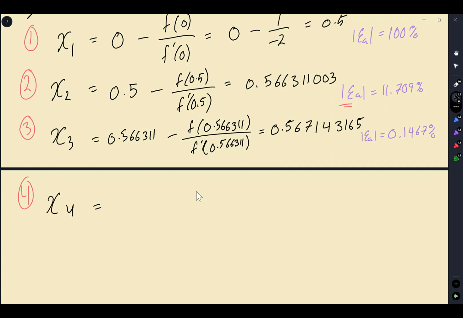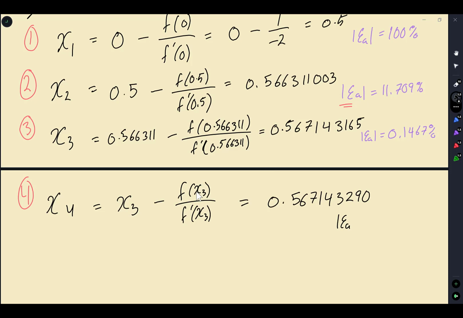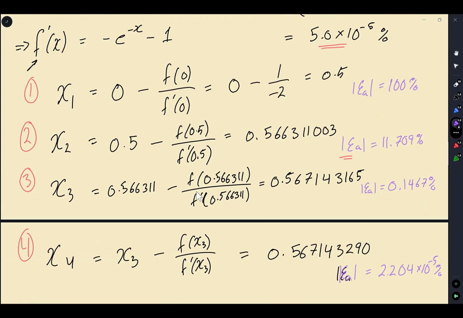So for x4, we apply the same equation. Here I'm just going to write x3 minus f of x3 divided by f prime of x3 instead of rewriting that entire value. Do the math, you get 0.567143290, with a percent relative error of 2.204 times 10 to the negative 5 %. Is that lower?